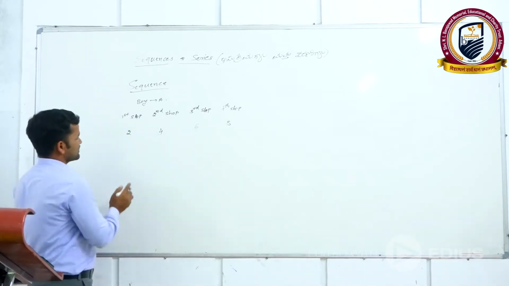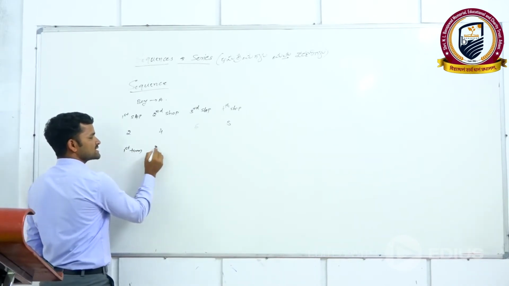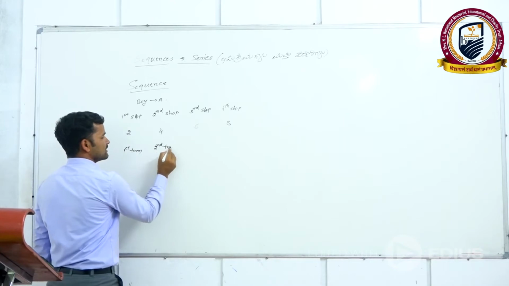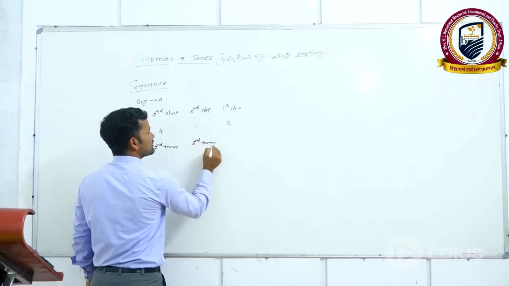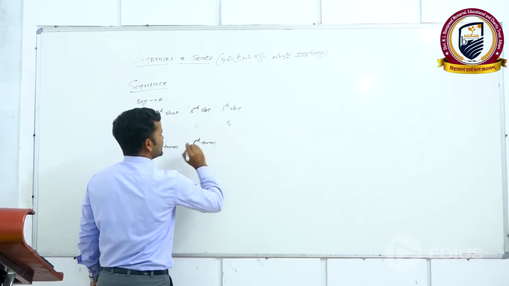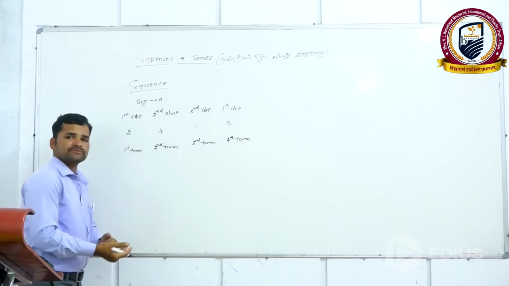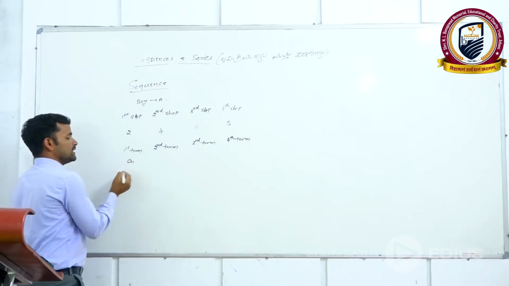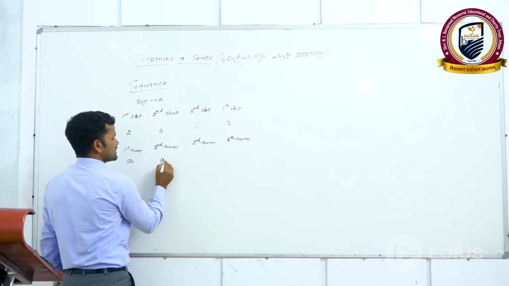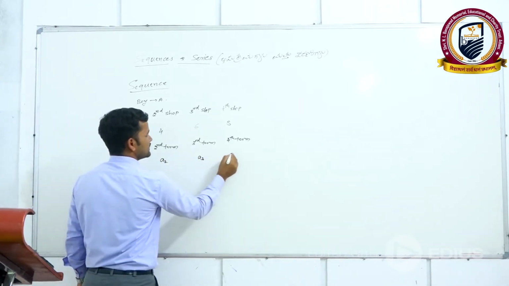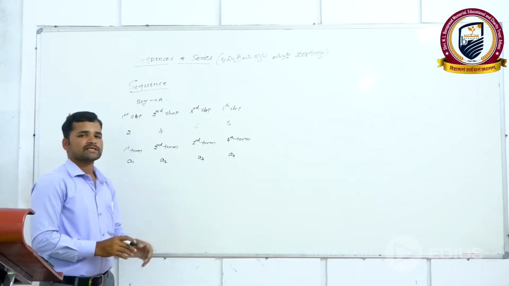This is the first term, this is the second term, and 6 is the third term. This 8 is the fourth term. These terms will be named as a subscript 1. I will call it a1. This is a2, a3, a4, like that it goes. Total 4 terms are there here.